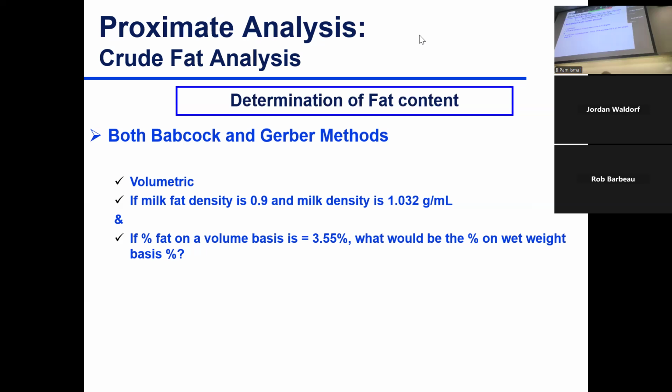So the percentage I've got is that 3.55 milliliter is in 100 milliliter of milk. Now I want to get the mass or weight of 100 milliliter of milk. So the mass equals, again, density times volume, of milk this time. Here it was of fat.